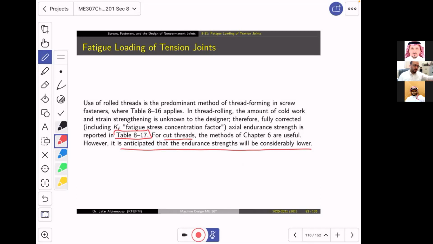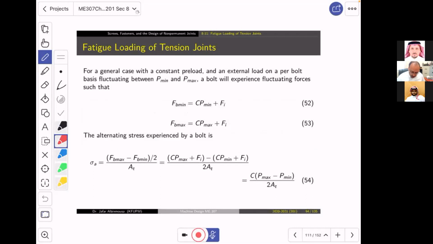This is the best that we can do. But if you are working in an industry which needs this information, you will either have your own lab testing them for you, or you hire a company or a university to test them for you. Or if you are lucky, you have them tabulated in some sort of standard somewhere. Do you understand? But this is very important.